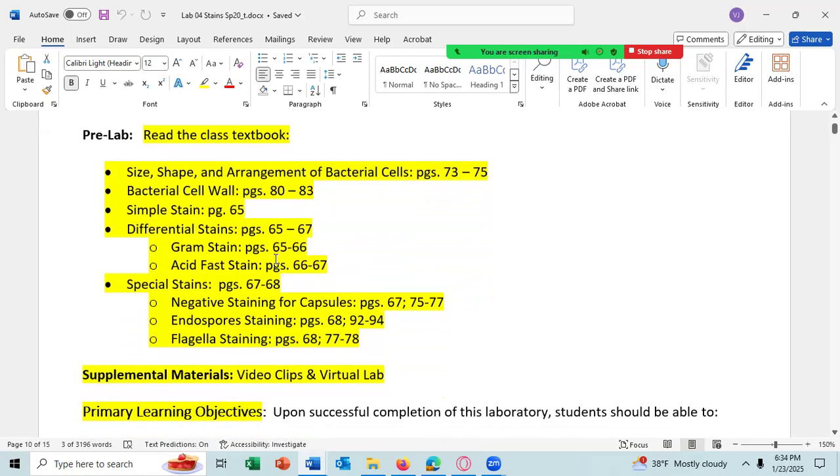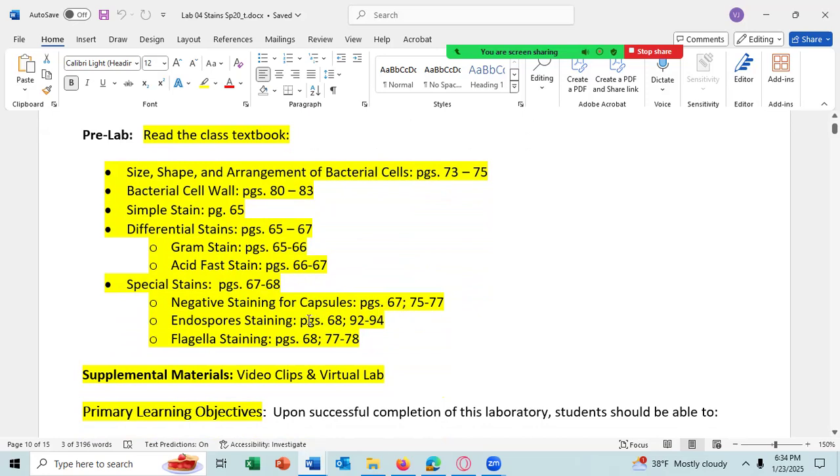So read page 65 to 66 on the gram stain and 66 to 67 on the acid-fast stain. You need to read about special stains. There's a negative stain for staining for a capsule, also called the capsule stain, and that's page 67 as well as 75 to 77.